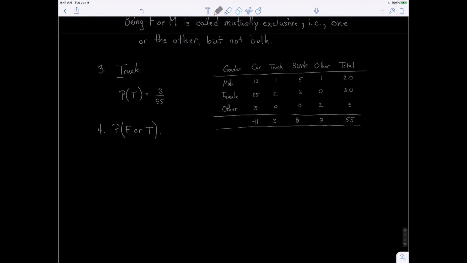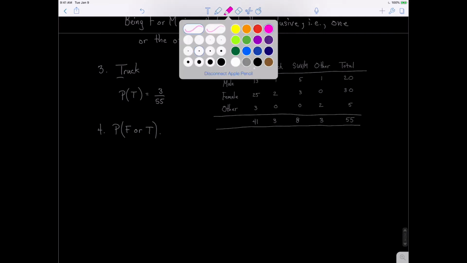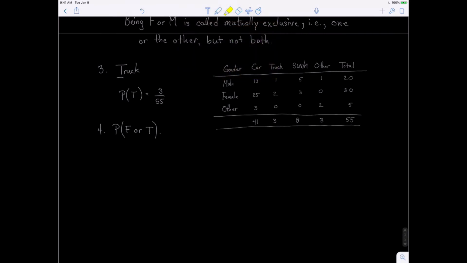So let's draw little lines here. I like the yellow highlighter, so I'll use that. So we want the probability that someone is female. Well, we have this row here of females. And so we would say the probability of female or truck.